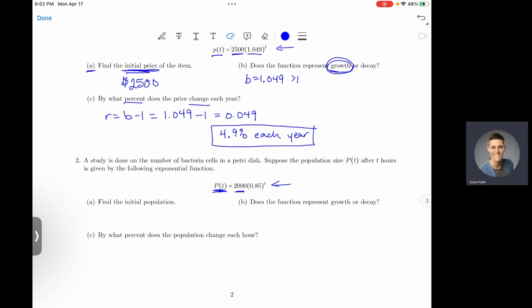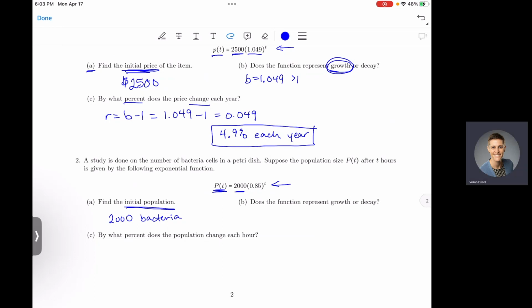That's the population when t was 0. So that means that's our initial population. So we had 2,000 bacteria in our population at the start of this whole thing. That's our initial population.